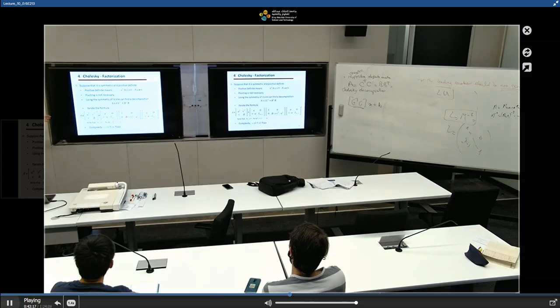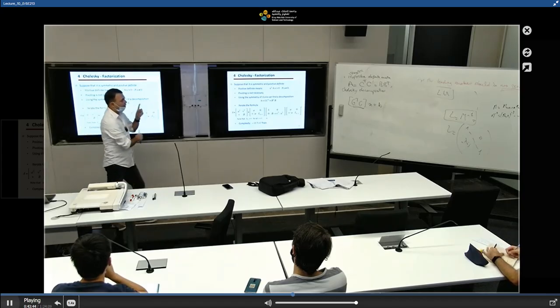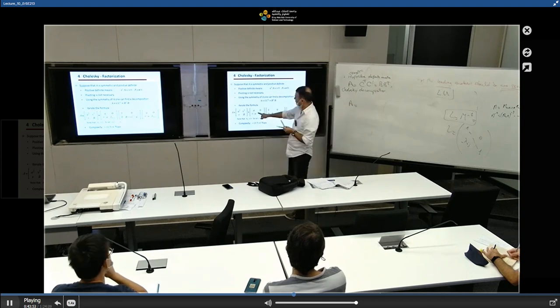If you agree with this, what is the algorithm to decompose A into C C^T or C^T C? So I start from matrix A and I write it in this way.